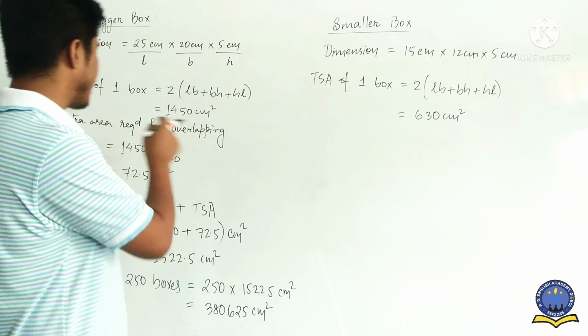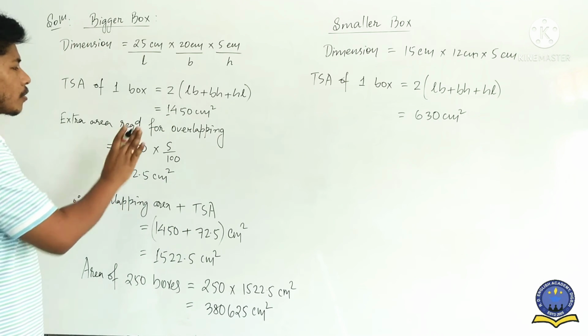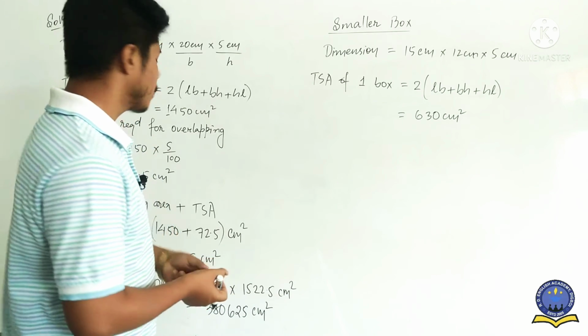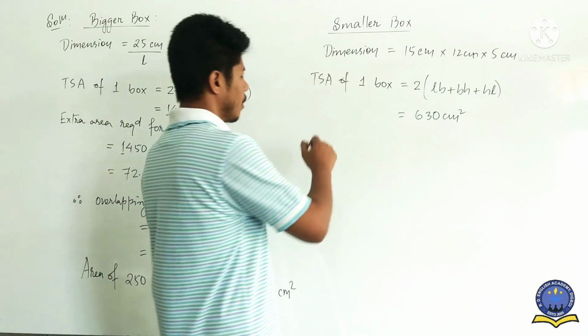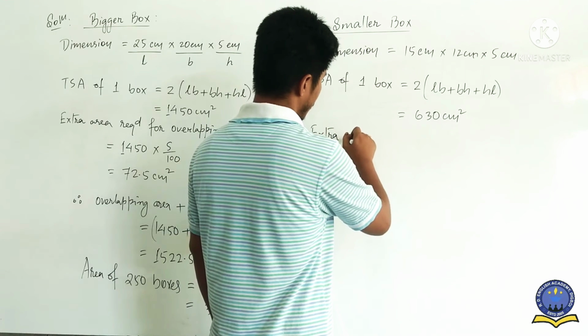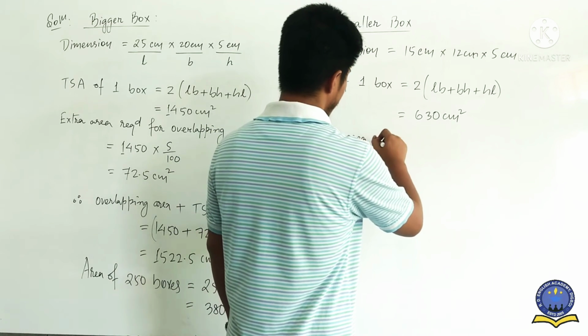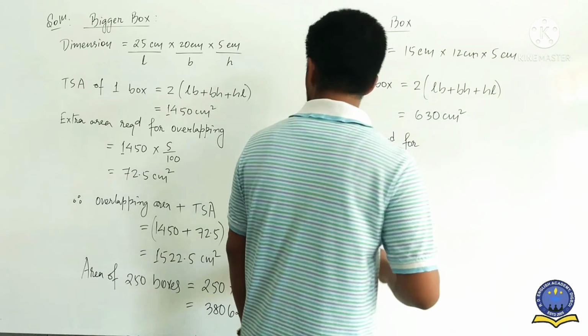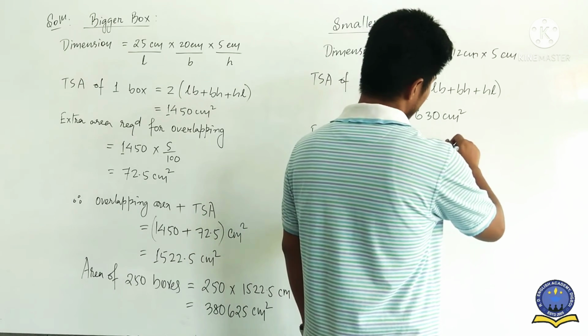And now extra area is also required for overlapping, which is given to us as 5%. So next we have to find this. We write extra area required for overlapping.